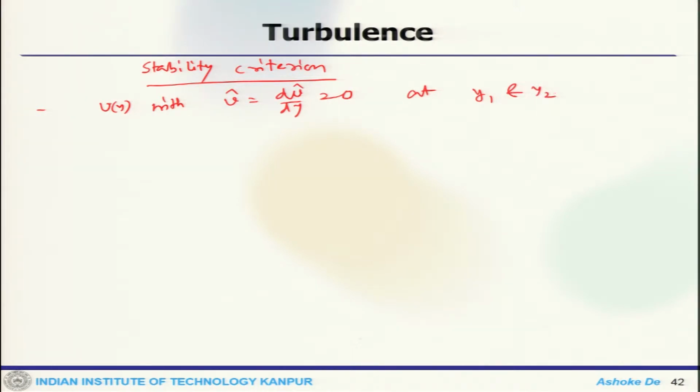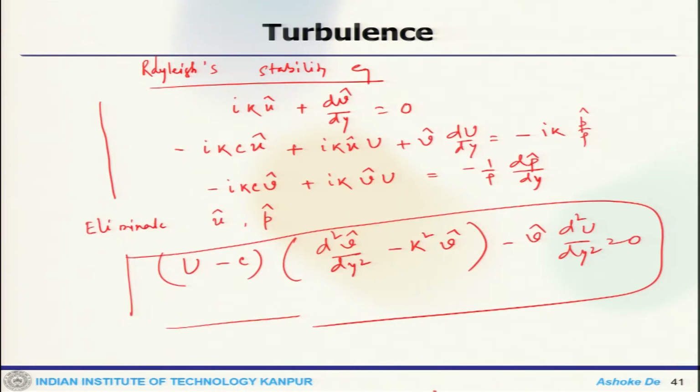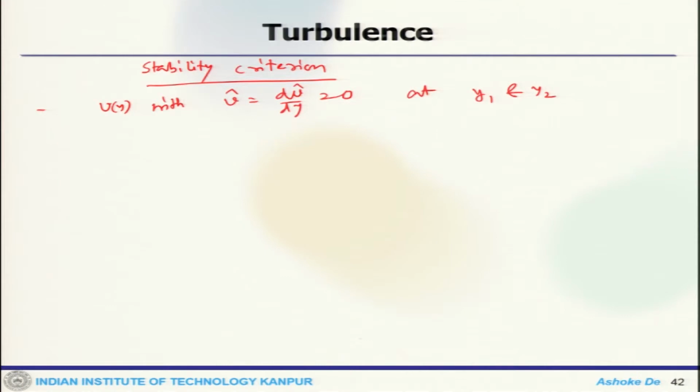Then multiply Rayleigh's equation by the complex conjugate v hat star and integrate over y.